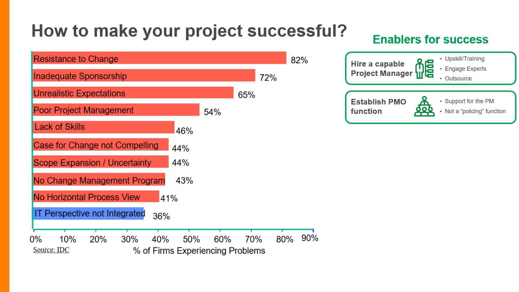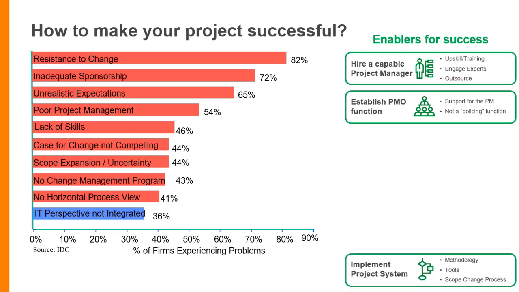This assumes that our project is a complicated, large-scale SAP transformation project, and as such, we should establish a PMO function. The PMO function should be supporting the PM, and it should not be put in place as a policing function. It is a supporting function.